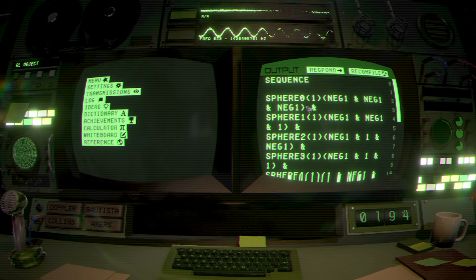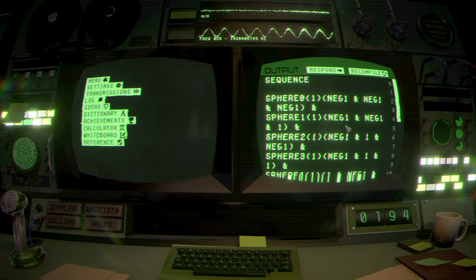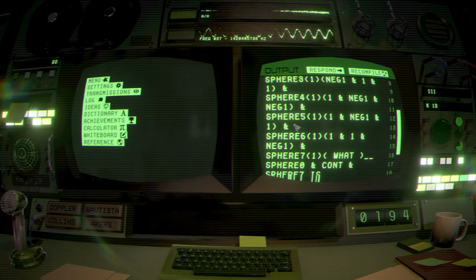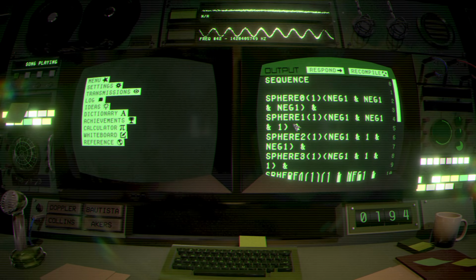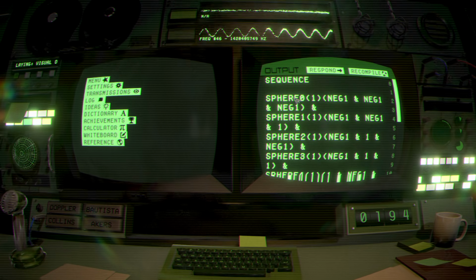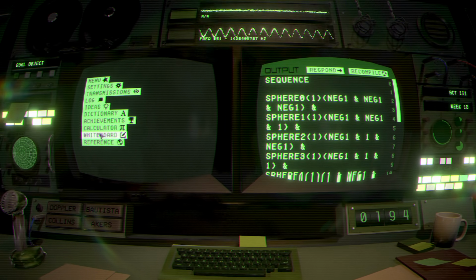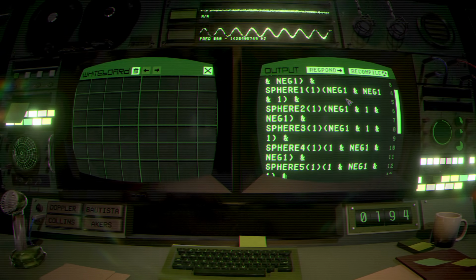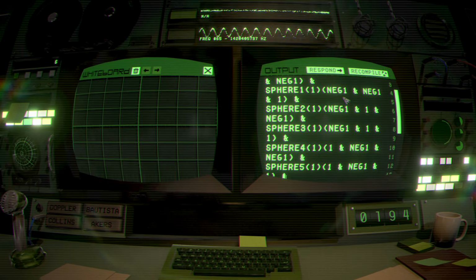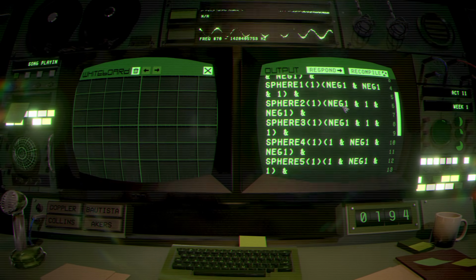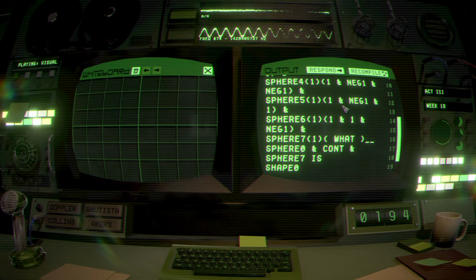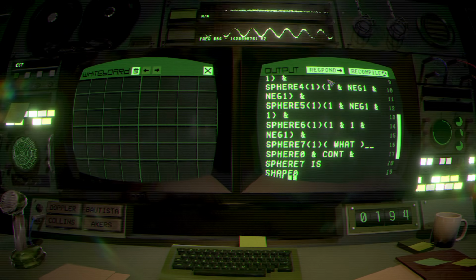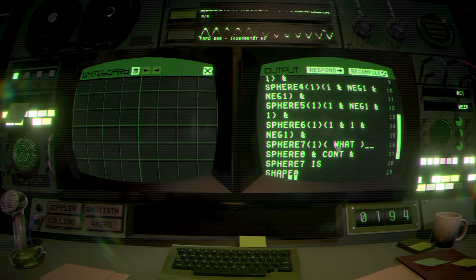1, negative 1, negative 1, negative 1. 1, negative 1, negative 1. Okay. Right off the bat, it looks like we have a cluster of spheres in a circle. So it looks like we have 4 with a negative x. Must be 4 with a positive x.